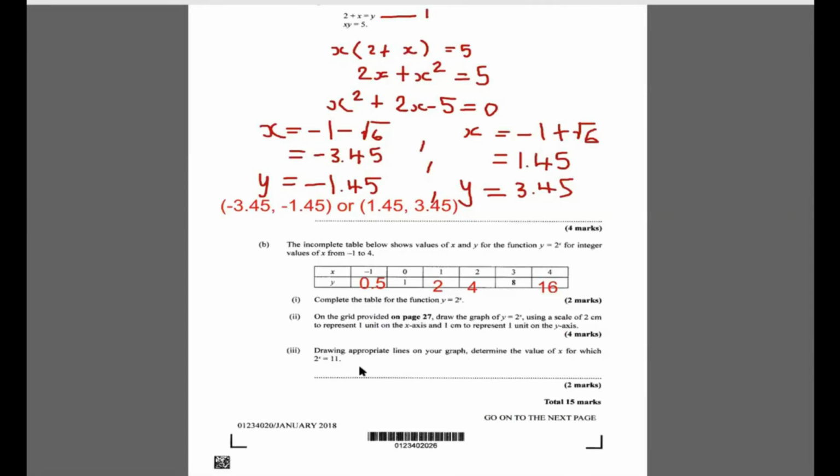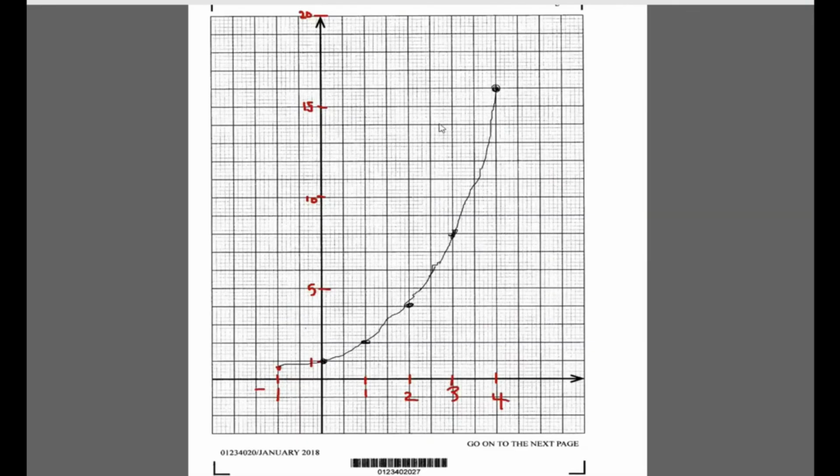Determine the value of x when 2 to the x equals 11. So finally, 2 to the x equals 11. So we're going to draw the line y equals 11. So the line y equals 11 is right here. And according to my not accurate graph, the solution I'm getting is right here.